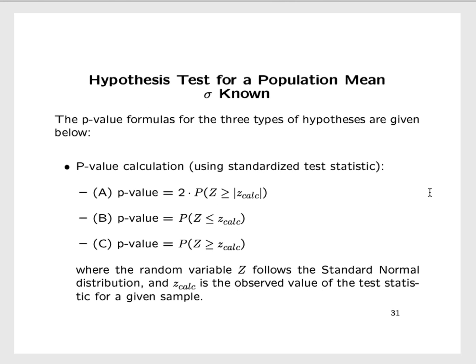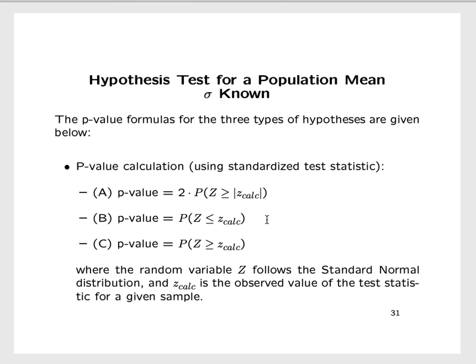Now the p-value formulas for the three types of hypotheses that we're considering right now about the population mean, assuming that the population standard deviation is known, are given below. For the two-tailed test, hypothesis test A, the p-value is equal to twice the probability that a standard normal random variable z is greater than or equal to the absolute value of the calculated value of the test statistic.